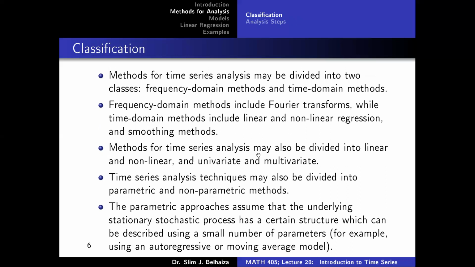Methods for time series analysis may also be divided into linear and nonlinear, and univariate or multivariate methods. Or you can also divide time series analysis techniques into parametric and non-parametric methods. The parametric approach assumes that the underlying stationary stochastic process has a certain structure which can be described using a small number of parameters, for example, using an autoregressive or moving average model.